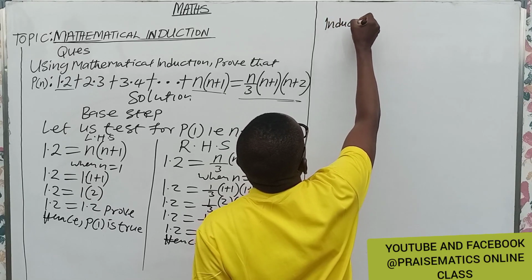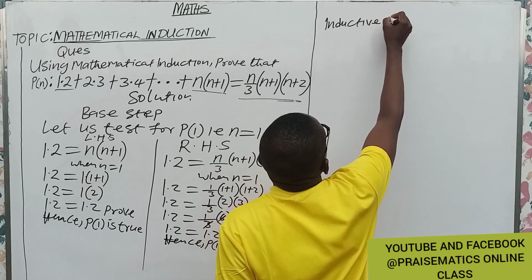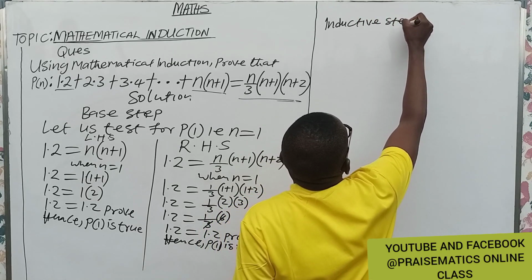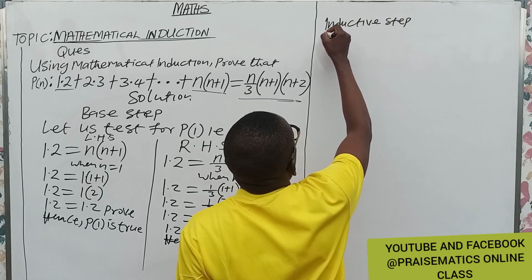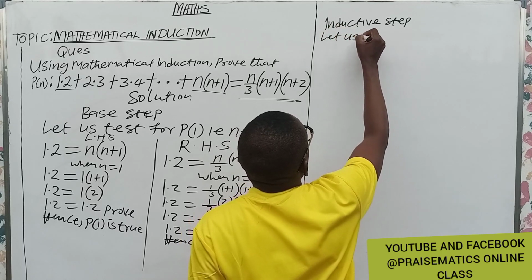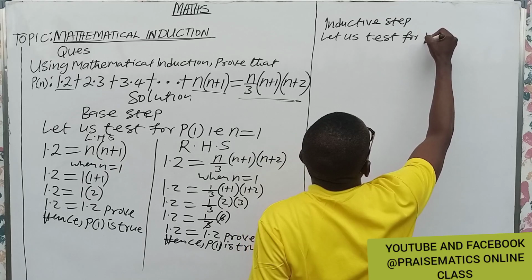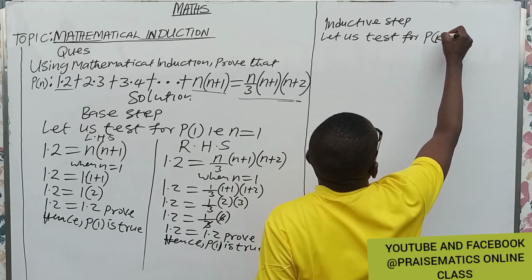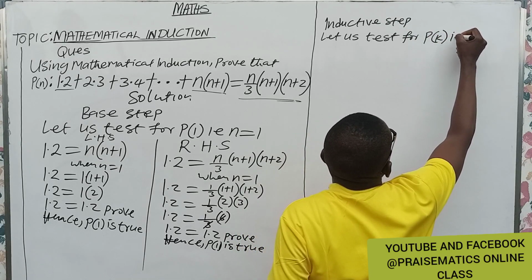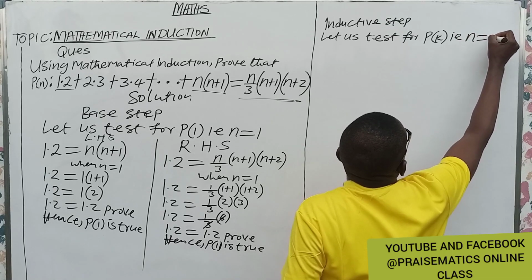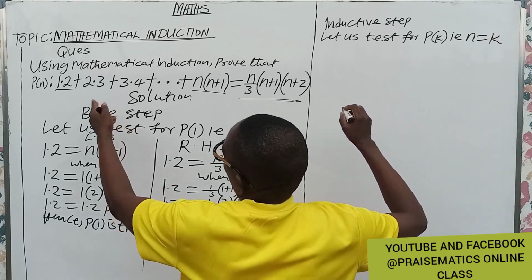Now let's go to the second case, case 2, which is the inductive step. In the inductive step, we now say, let us test for P of k, that is when n equals k. Now go to this question.